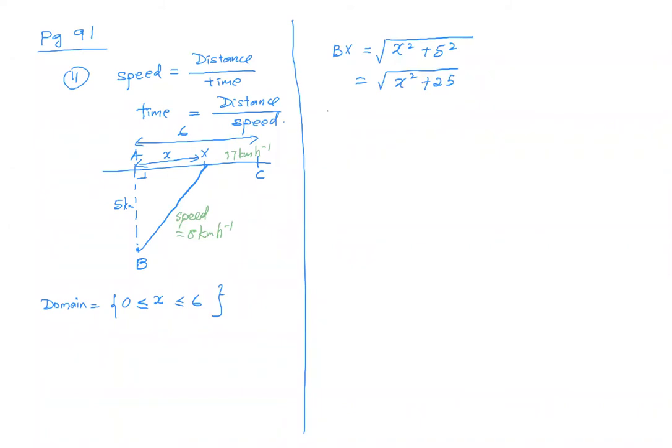So time taken to move from B to X, according to this formula, will be Bx over the speed, correct? So Bx is square root of x squared plus 25. The speed is 8.